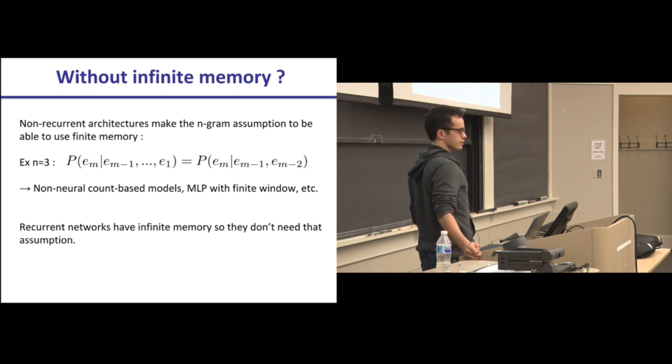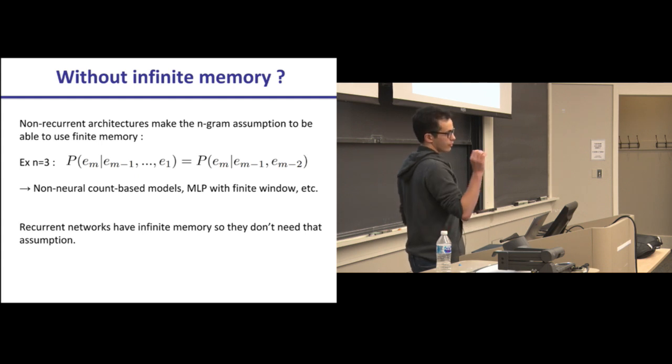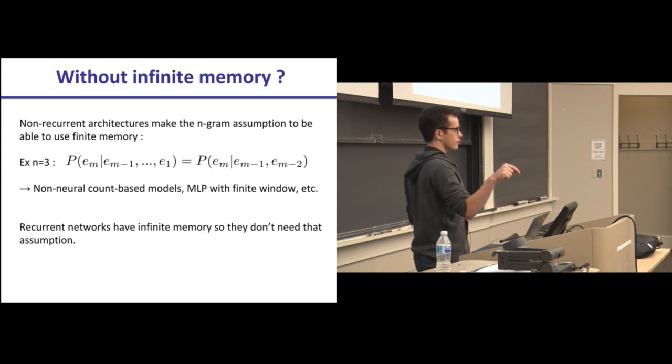But recurrent neural networks have brought the use of long-term memory in this area, so they've been pretty useful. Another thing you can do is just count the words. That's what the n-gram models are. So when you have EM minus 1, EM minus 2, you just look at what's the word that appears the most in the text after these two words, and you basically predict that.